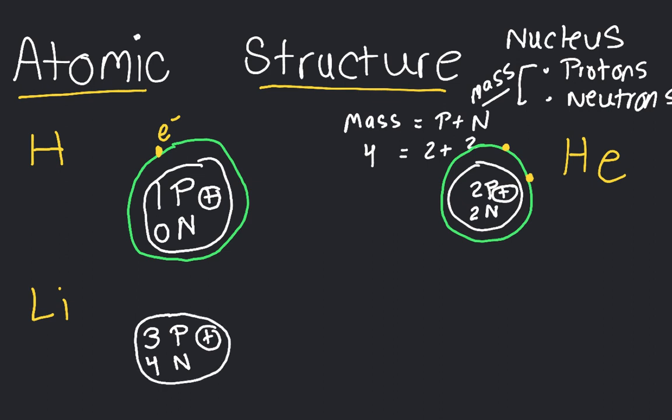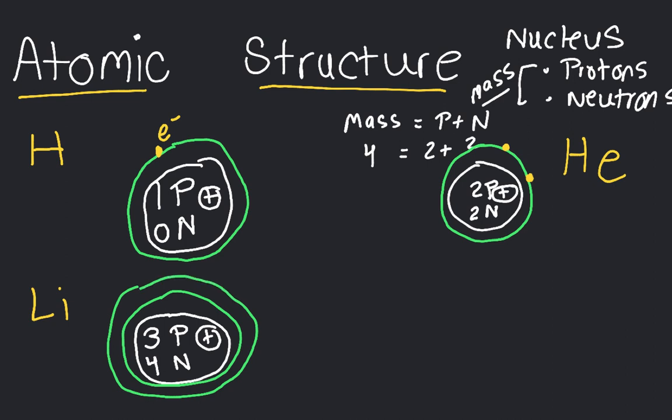And then let's draw our rings here, or our energy levels, 1, 2, because lithium's in row 2 of the periodic table, and we'll talk about this a little bit more in a few minutes.